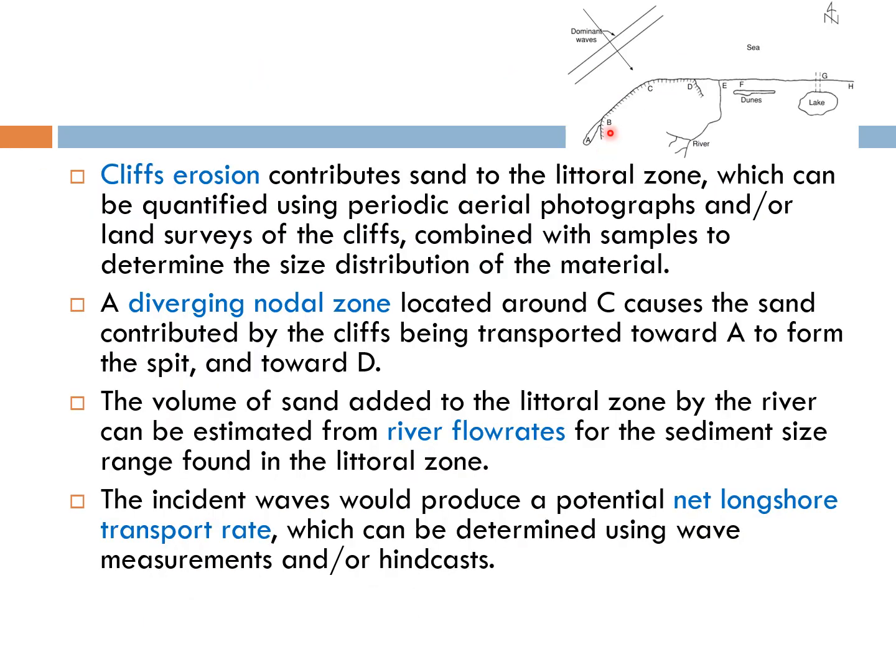First and foremost, we understand that this cliff is erodible from B to D. So under the wave attack at this angle, we can expect that there will be sediment loss and thus littoral transport from this cliff, which may advance or propagate in this direction as well as this direction.